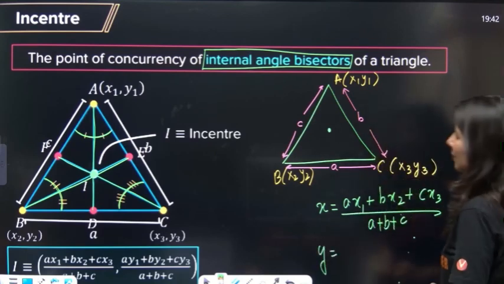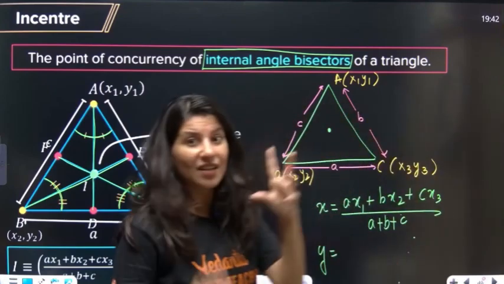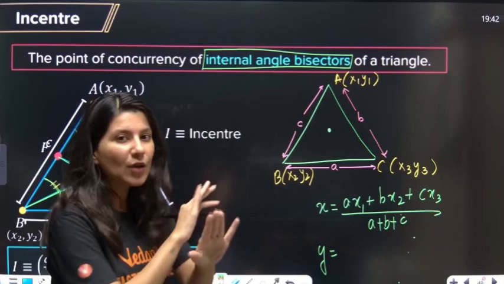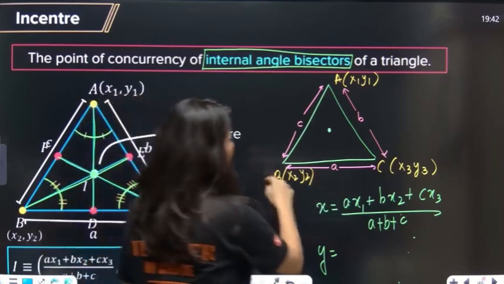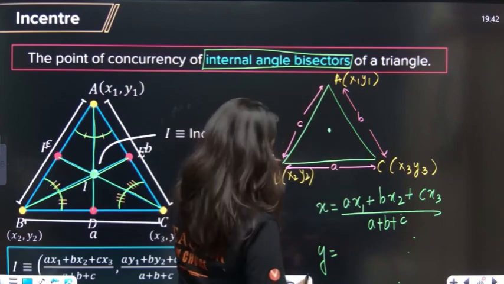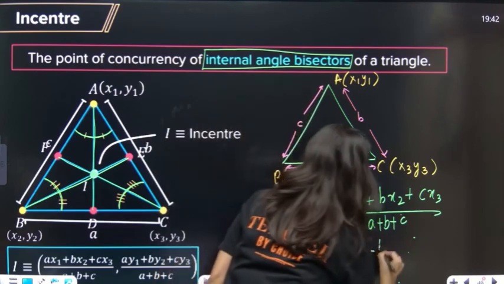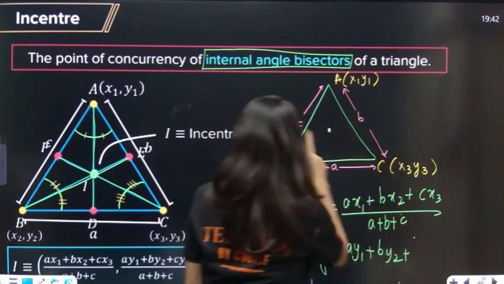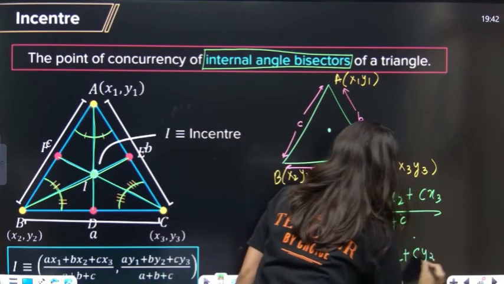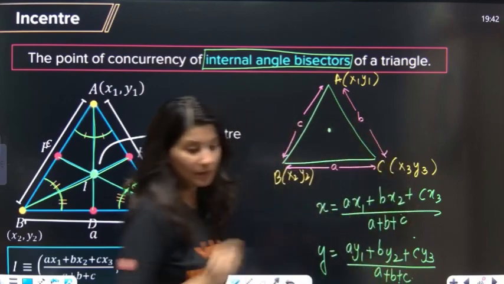Similarly, y will be a times y1 plus b times y2 plus c times y3, whole upon a plus b plus c. Do not just write the formula and plug in the values. Write the formula first.